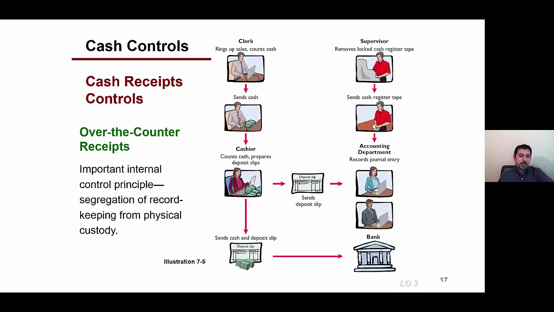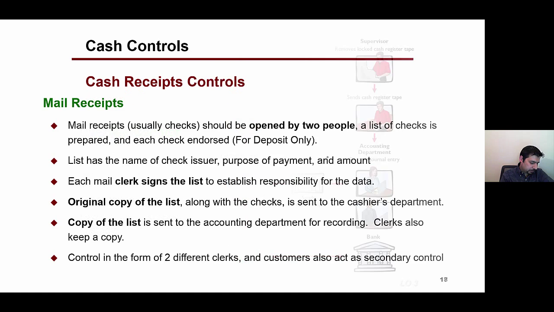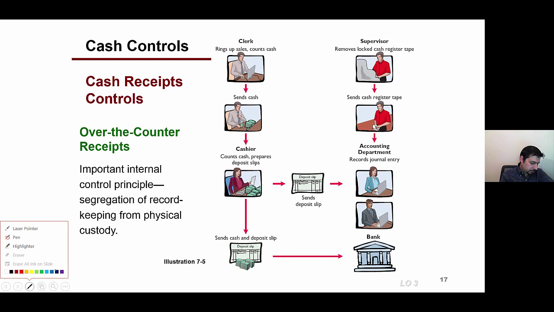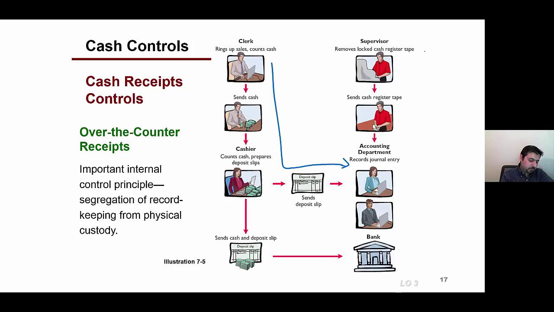Only the supervisor can remove that cash register tape, and this would be one line of information. And then the second line of information that would get to the accounting department would be from the cash register tape that the supervisor would remove and send to the accounting department.